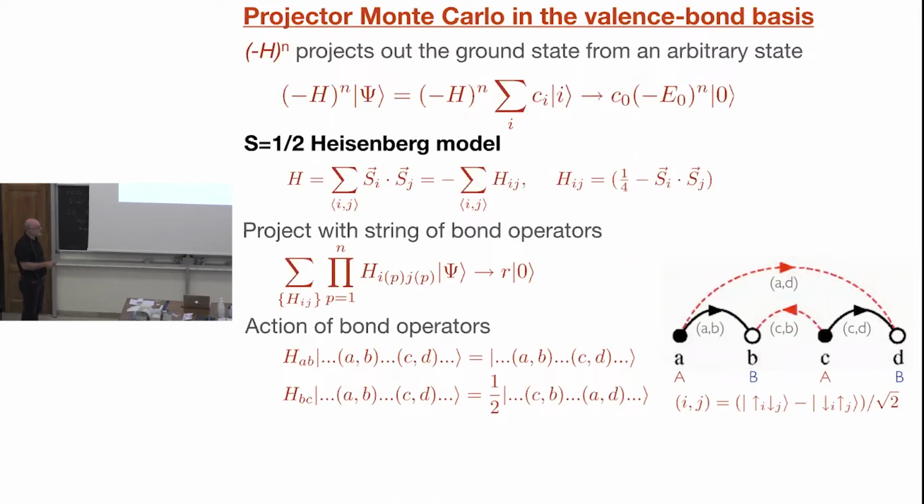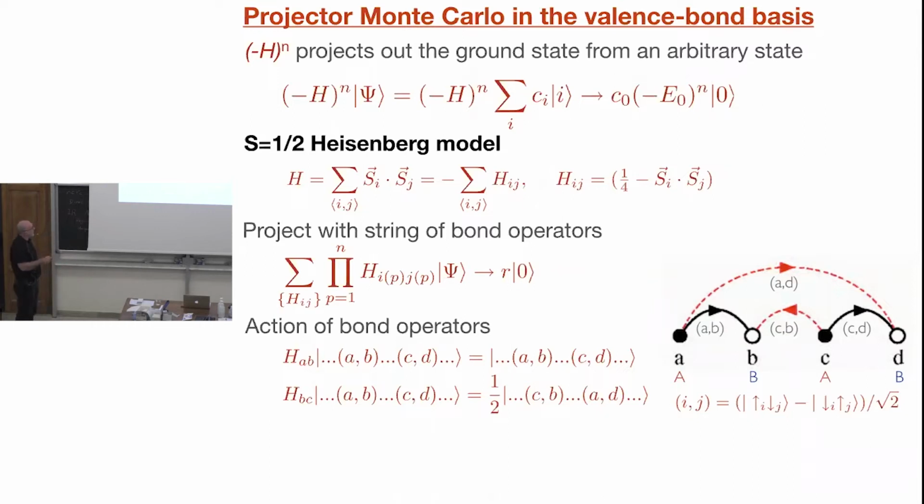In this picture, the arrow indicates the sign: A, B, and I draw an arrow from A to B. That turns out to be important because that sign structure is consistent with something called the Marshall sign rule, which is basically the sign structure of an antiferromagnet on a bipartite lattice. So that's why these valence bond functions, where we draw valence bonds between A and B sites, have the correct sign structure built in.